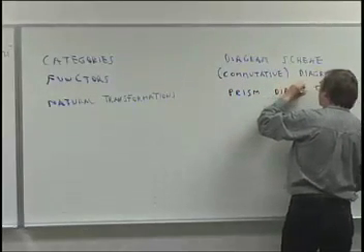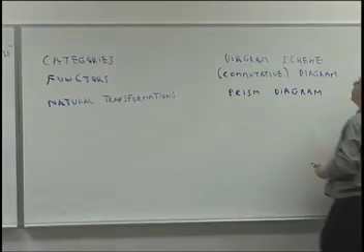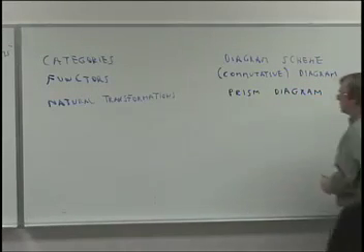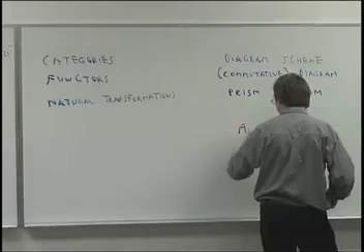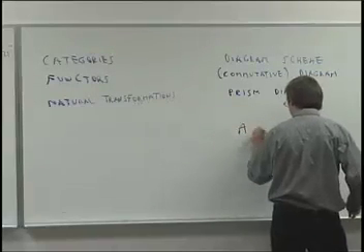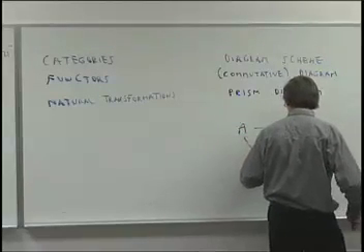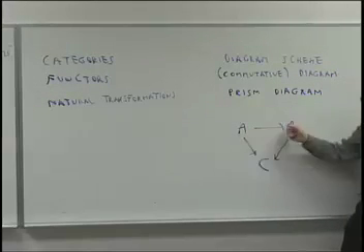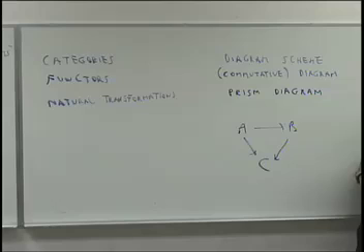Let me say a little bit about what these things mean. A commutative diagram is something that looks like that: nodes and arrows, or maybe letters and arrows.